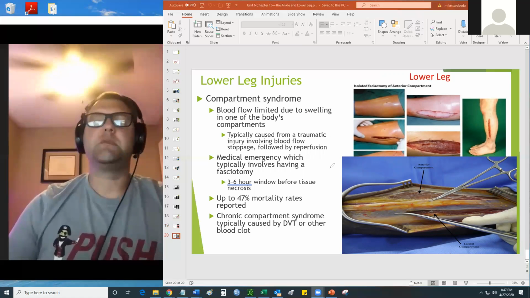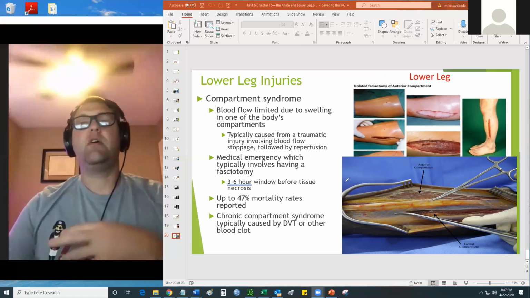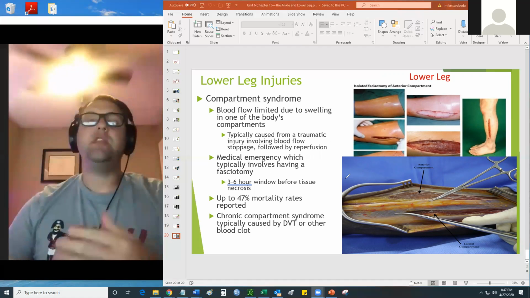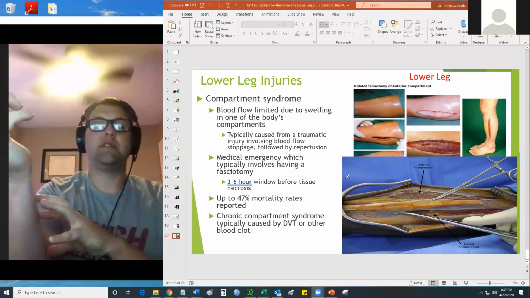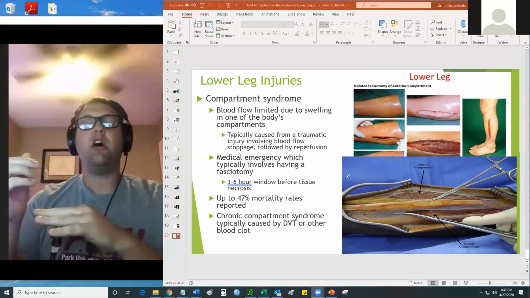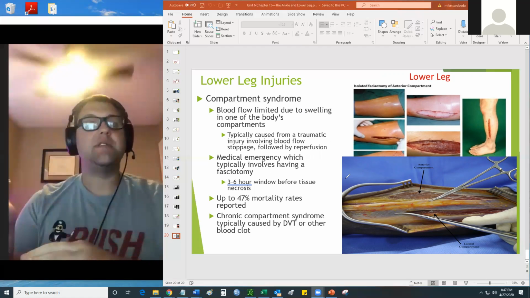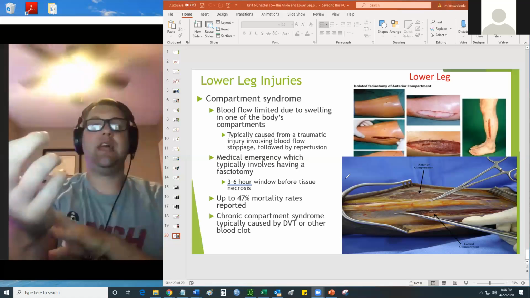Compartment syndrome, you have compartments really in two places. You have them in your shins or your calves, and you have them in your forearms as well. When you get compartment syndrome, you get swelling into one of these areas and blood flow stops. Then all of a sudden blood flow begins again. When that happens, you have a potential for getting blood stuck in these compartments.